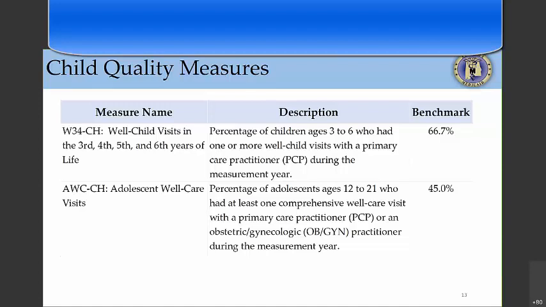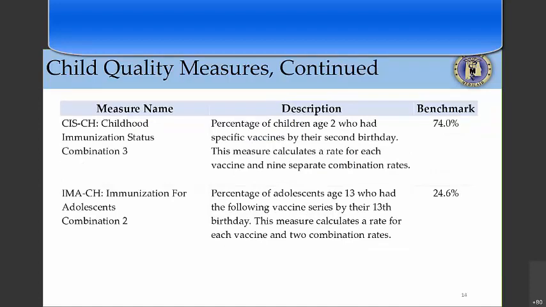Childhood immunization status is described as the percentage of children age 2 who had the following vaccines by their 2nd birthday. This measure calculates a rate for each vaccine and 9 separate combination rates. The benchmark is 74%.